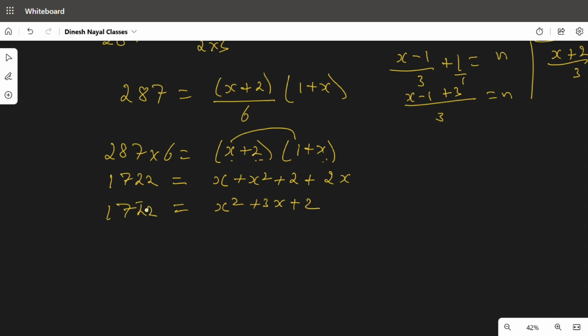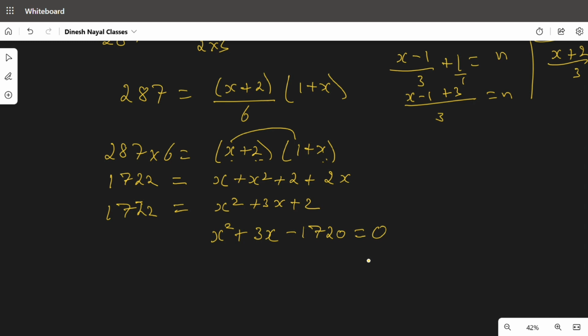Now you can take this 1722 to that side, and that will be negative. So this will be x square plus 3x, and 2 minus 1722, so that is minus 1720, which equals 0. So basically this is the quadratic equation, x square plus 3x minus 1720, and you have to do the middle term splitting.